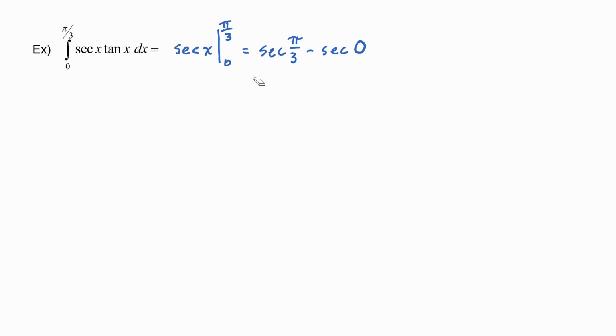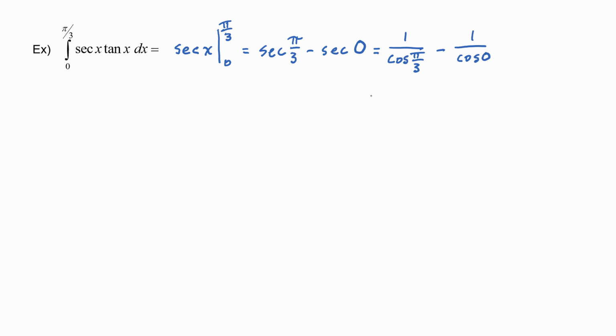Now, probably you think better in terms of cosine than secant, so we can switch this over to secant of pi over 3 becoming 1 over the cosine of pi over 3 minus secant of 0 would be 1 over the cosine of 0.